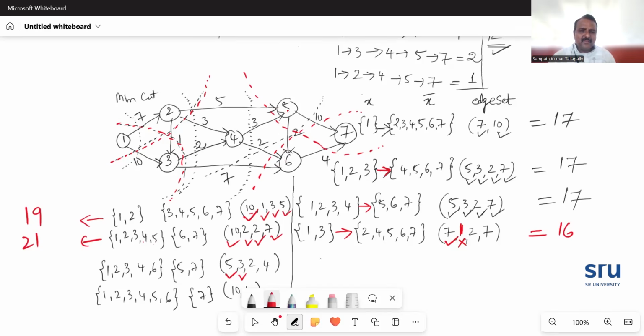5. Okay. And, 2. So we have the elements as 5 is being cut, 2 is being cut, 2 is cutting.